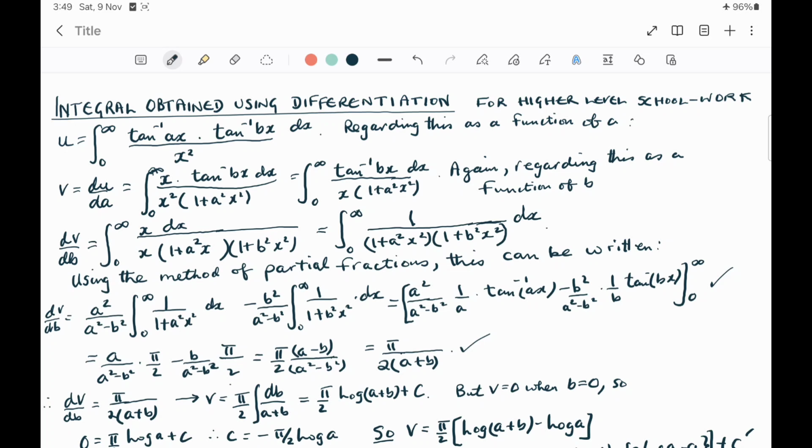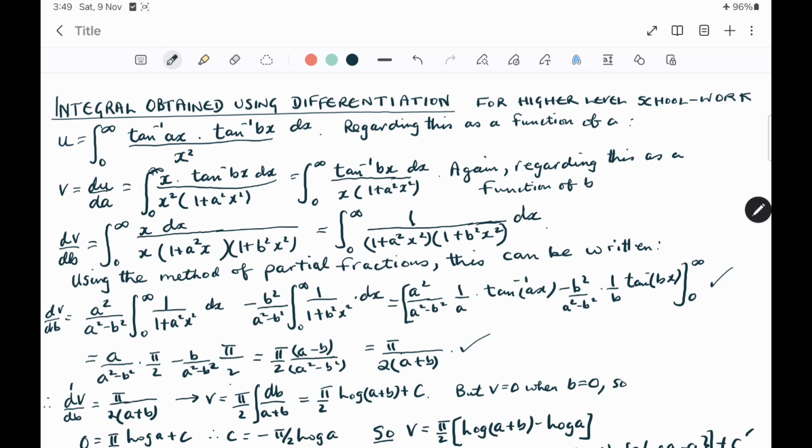We'll now start reversing the process and integrate v, find the integral of this function here, because dv/db is pi over 2 times a plus b. So v is pi upon 2 times the integral of db over a plus b, which quite easily is pi upon 2 times log of a plus b, plus a constant c.